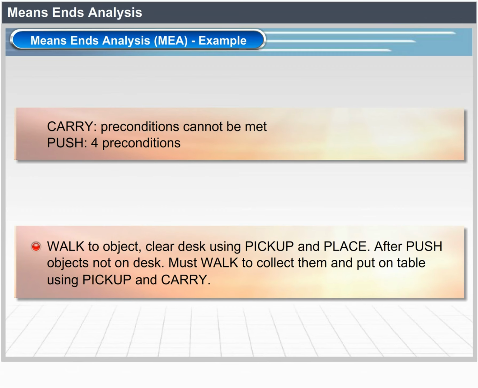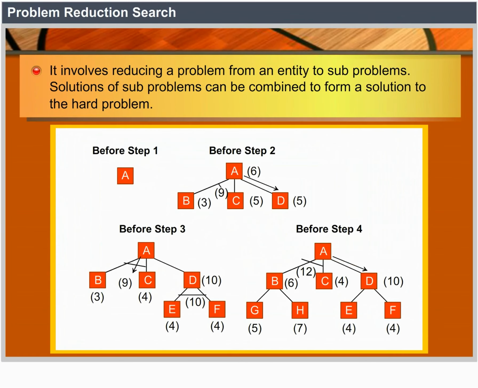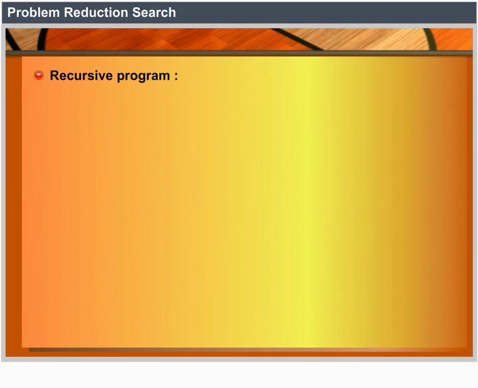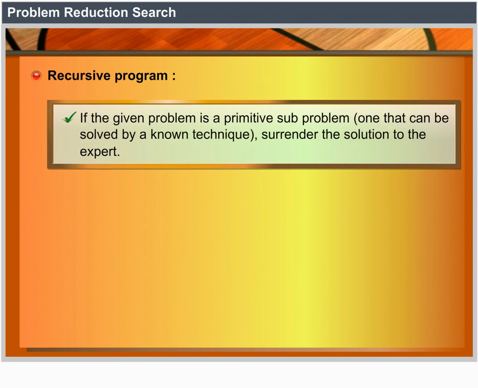Problem reduction search. It involves reducing a problem from one entity to subproblems. Solutions of subproblems can be combined to form a solution to the hard problem. Recursive program. If the given problem is a primitive subproblem, one that can be solved by a known technique, surrender the solution to the expert.